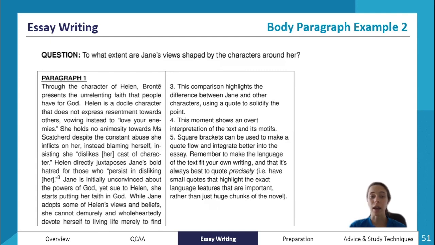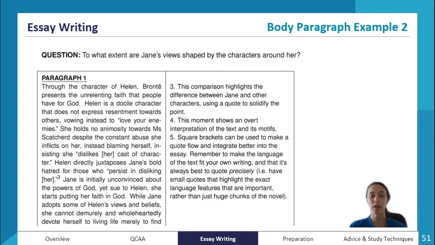Helen is a character that does not express resentment towards others, vowing instead to love your enemies. She holds no animosity towards Miss Scatcherd, despite the constant abuse she inflicts on her, instead blaming herself, insisting she dislikes her cast of character.